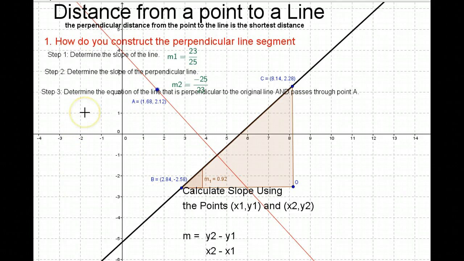So in order to determine what that line is, we should write an equation of that line, a line that is perpendicular to the original line and passes through point A. Well, there are several ways you can write the equation of the line.